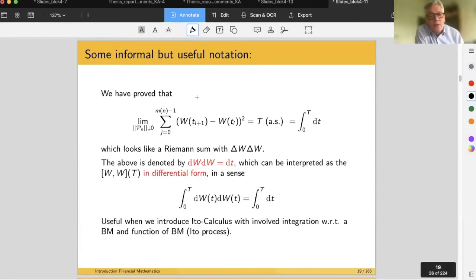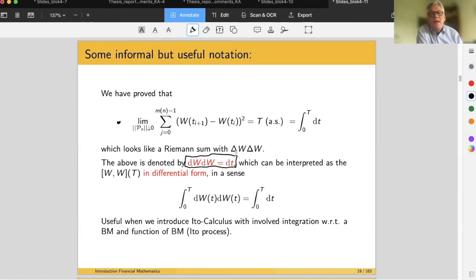So, with the mesh width going to 0, the notation used is as follows. We say (dW)^2 is equal to dt. We see this as dW squared equal to dt, and make a square around it.